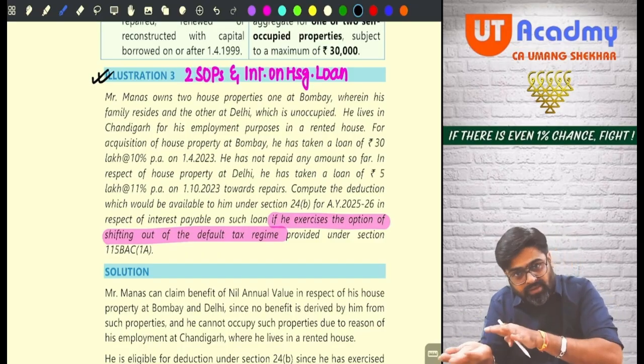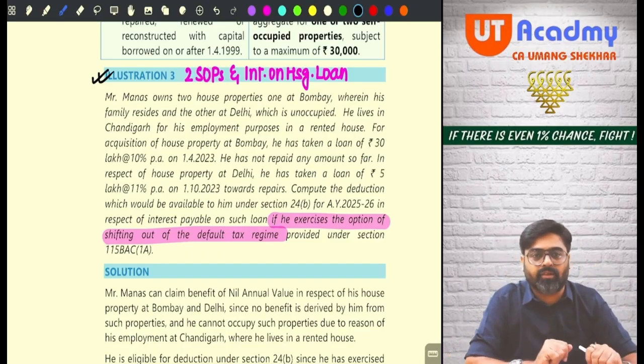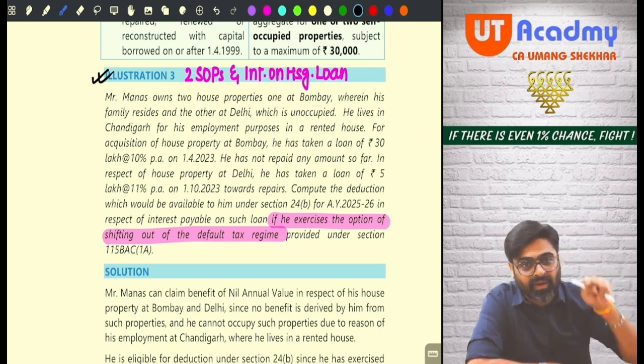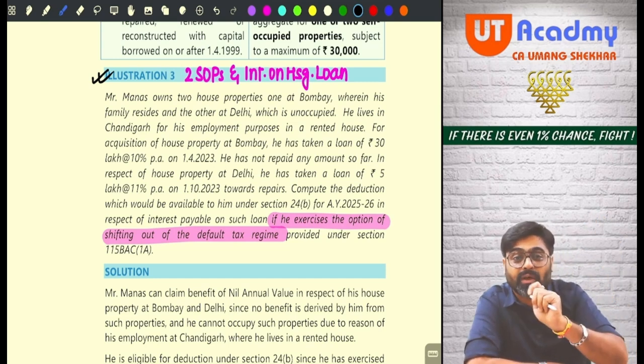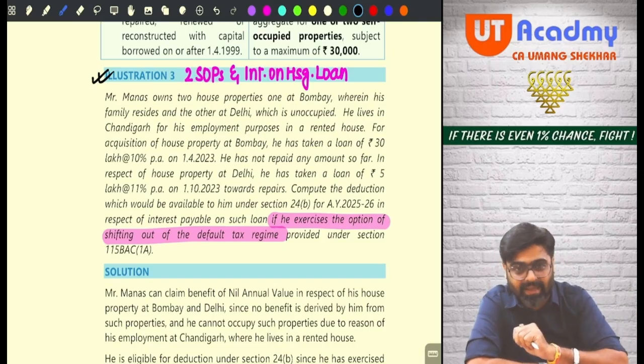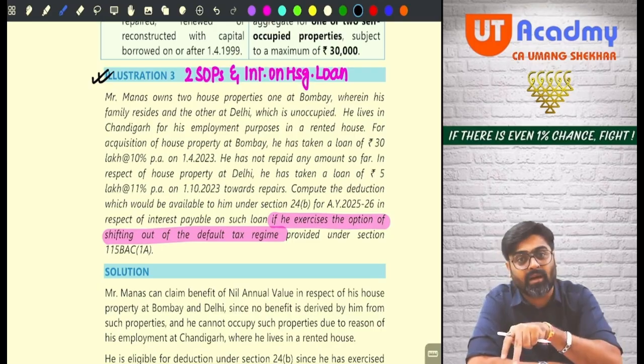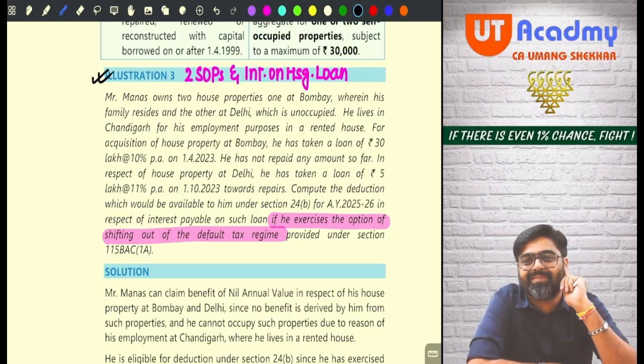But if you don't shift out, you remain in 115 BAC, you will not get any deduction for interest. Interest deduction will be 0. Then your SOP final income will be 0. But what if you shift out? Will you get interest deduction? Yes, maximum 30,000 or 2 lakh as the case may be. Then your SOP income will be negative.